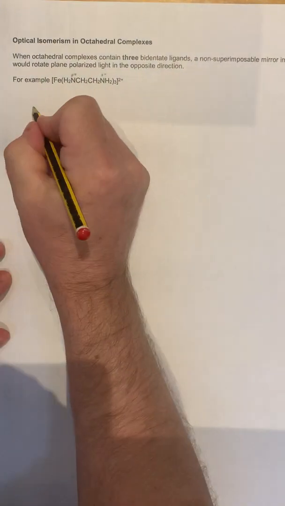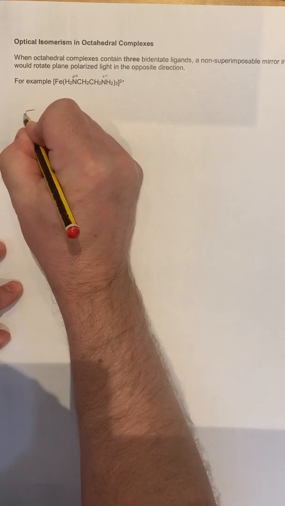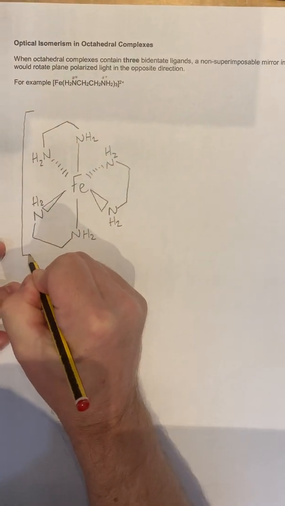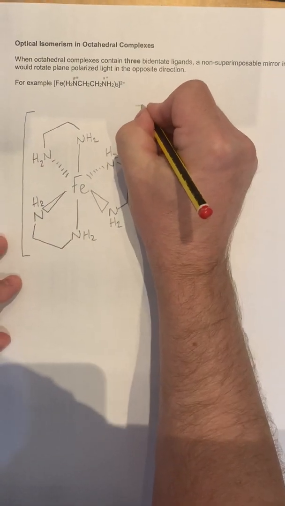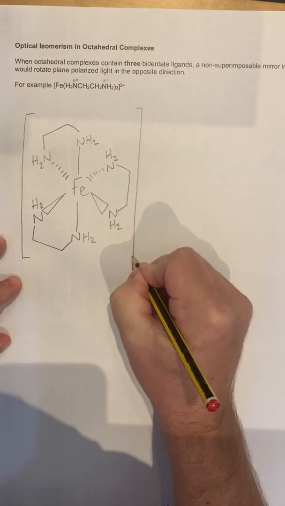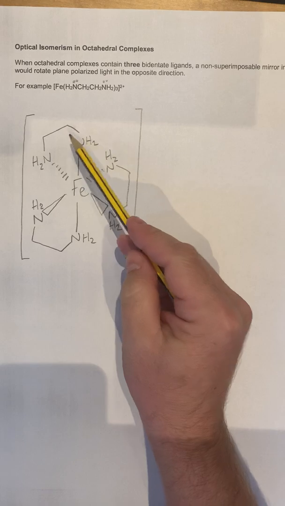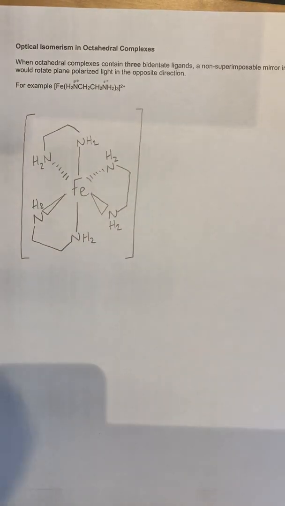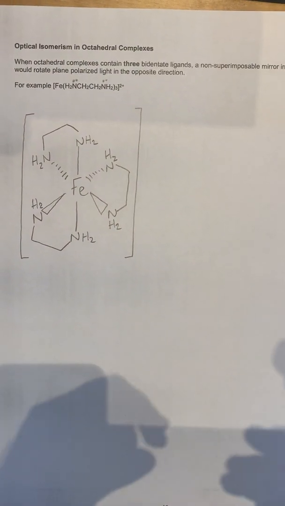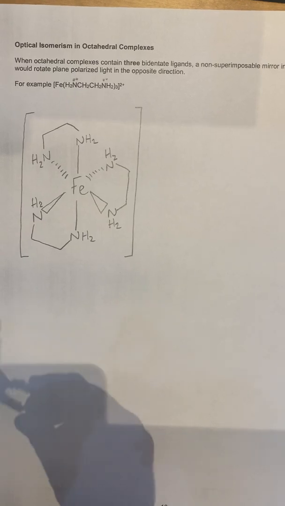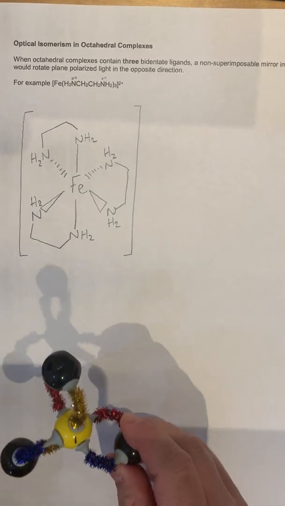And that has a 2+ charge overall. You're not expected to learn this complex. It's the application of the isomerism, whereby a transition metal ion is bonded to 3 bidentate ligands. Now that's one arrangement at the moment. That's all that we've done.